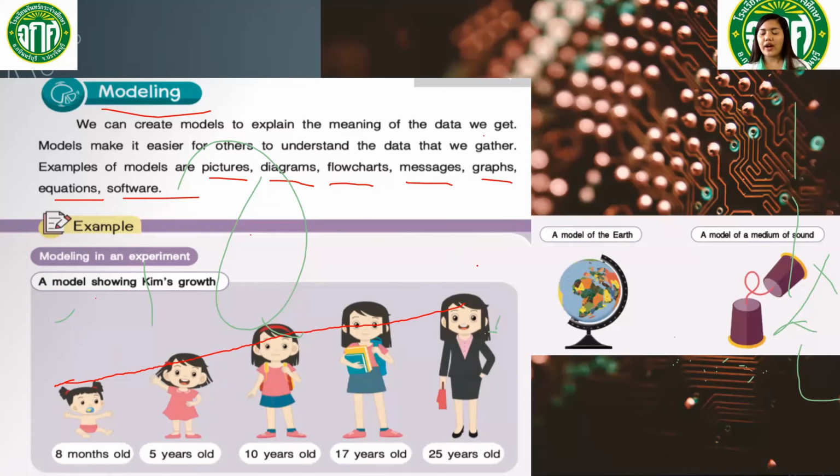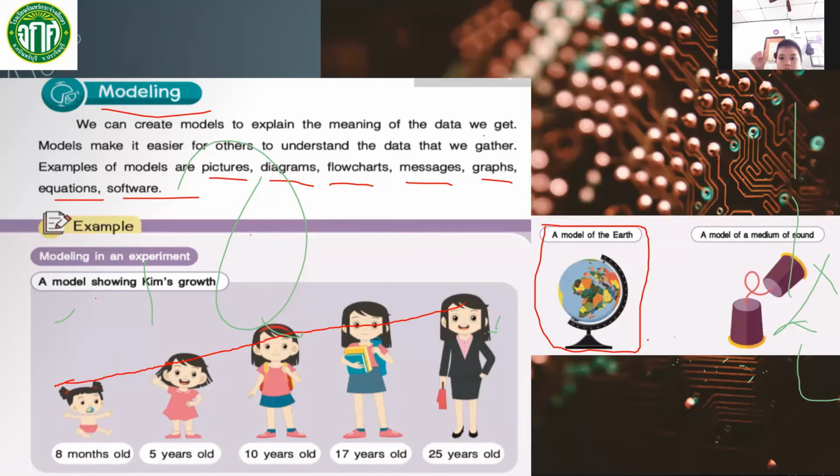Okay, so next we have here another model, a model of Earth. So what is this thing? How do we call this? Anyone from the class? So this is a model of the Earth. We call this globe.